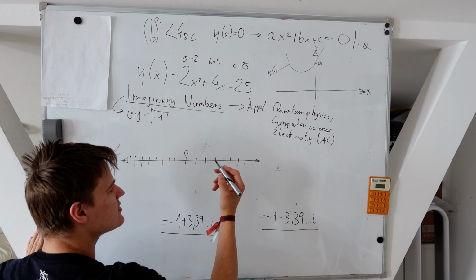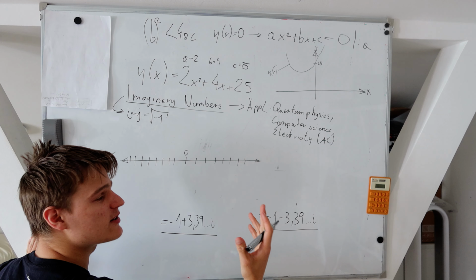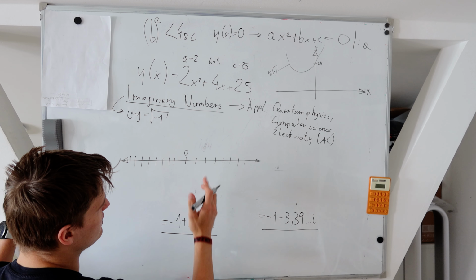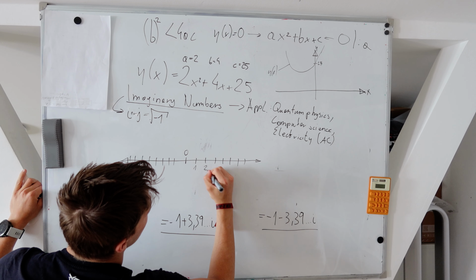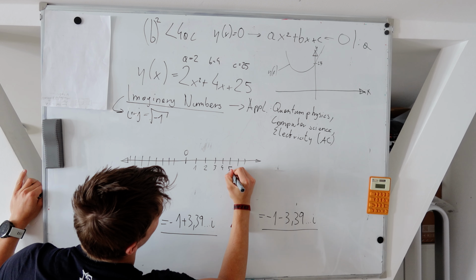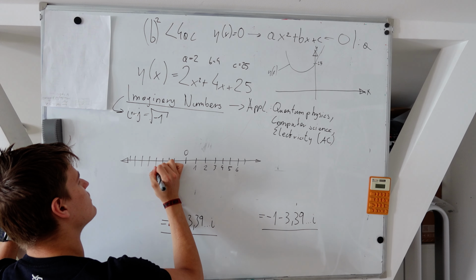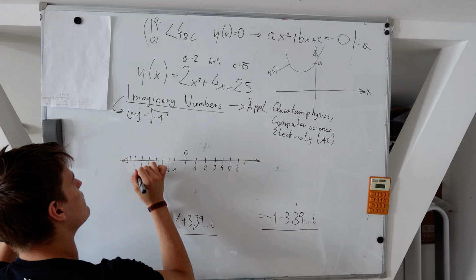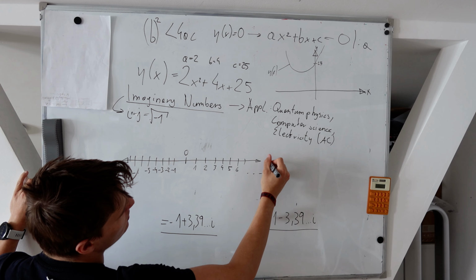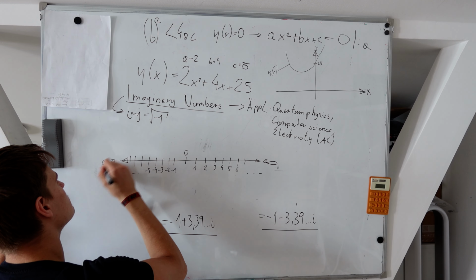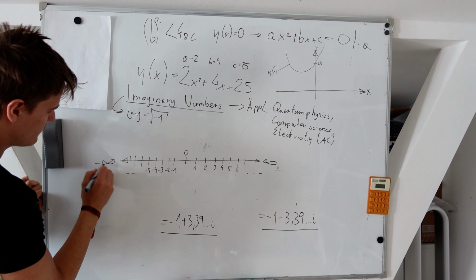It does matter in the mathematical sense, but not right now for explaining this. So we have 1, 2, 3, 4, 5, 6, and so on, and -1, -2, -3, -4, -5, and so on, all the way to infinity, and negative infinity here.